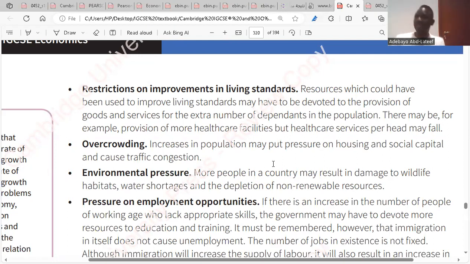Instead of using resources to make life better, they will think about devoting resources for goods and services to meet the increasing population.